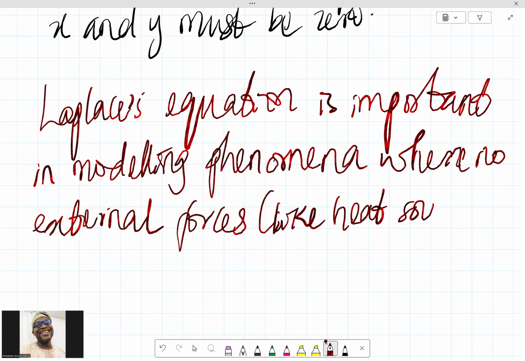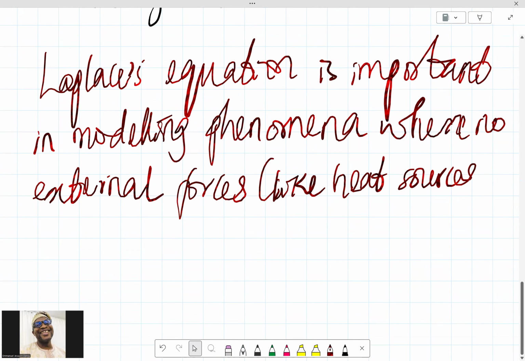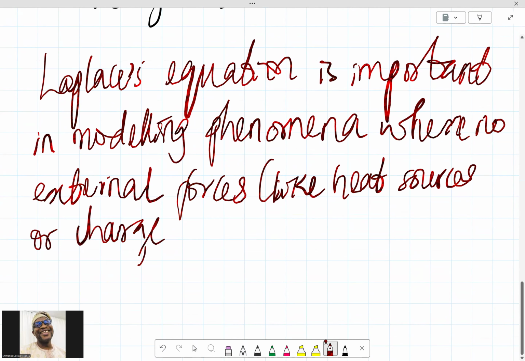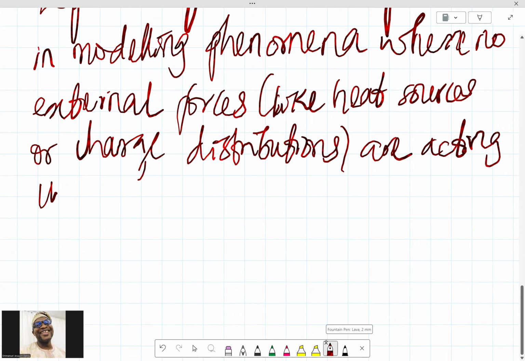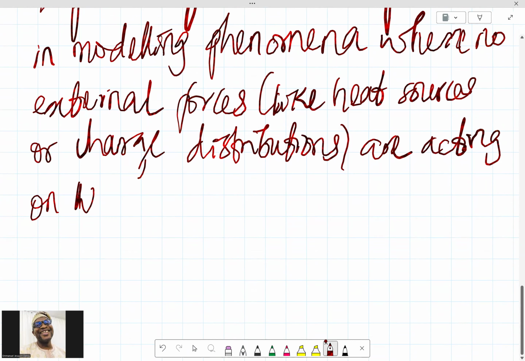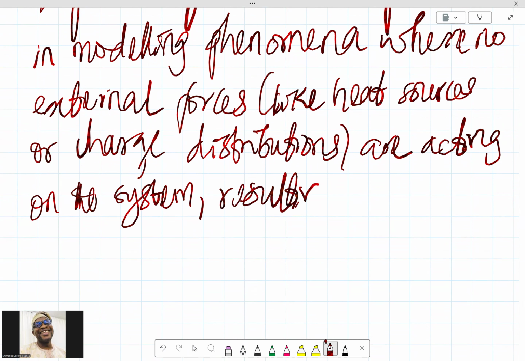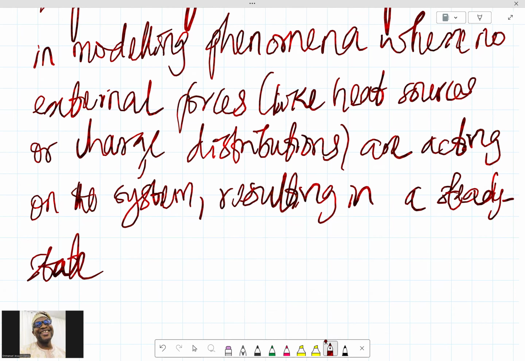So when we talk about heat equation and we have an initial condition like f of x, such things don't exist here. No heat sources or charge distributions are acting on the system, resulting in a steady state distribution.